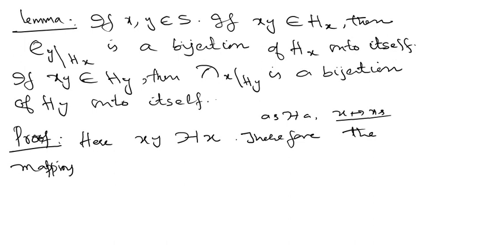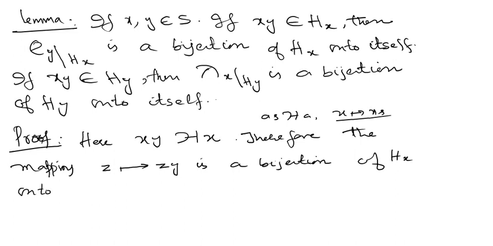If I introduce s also, that will confuse you, so let's introduce z which maps z onto zy. This is a bijection of Hx onto itself.